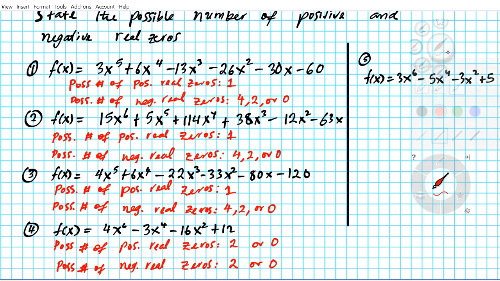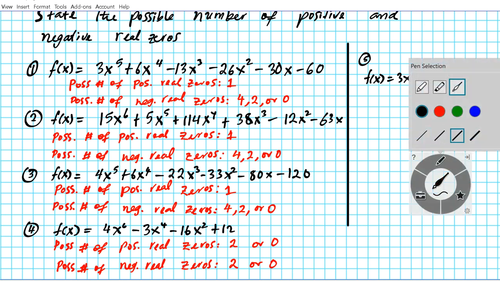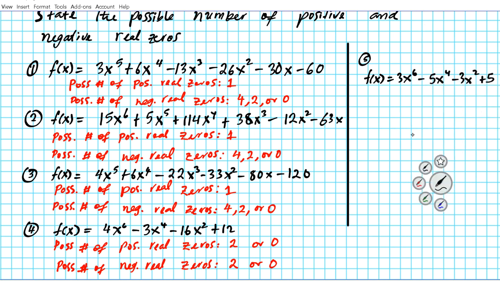Last but not the least, number 5, the possible number of positive real zeros for number 5 is the sign variations for this function. There are 2 of them, so it's going to be 2 or multiples of 2 less, 2 or 0.